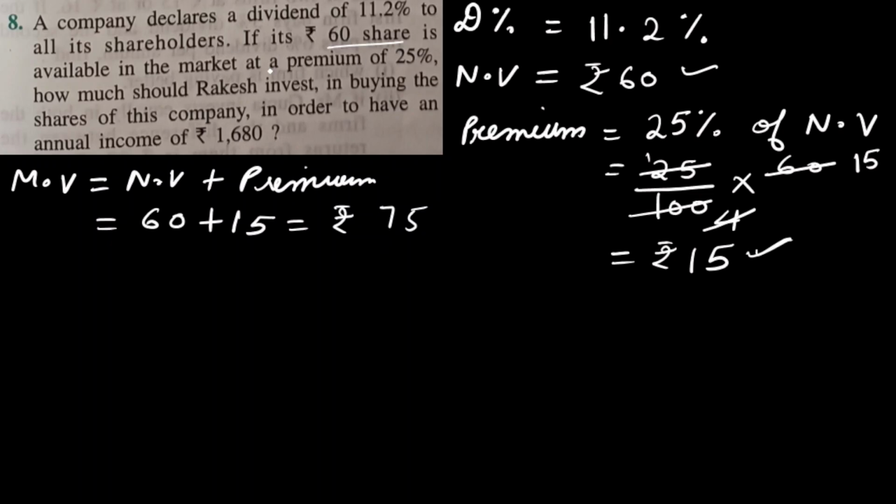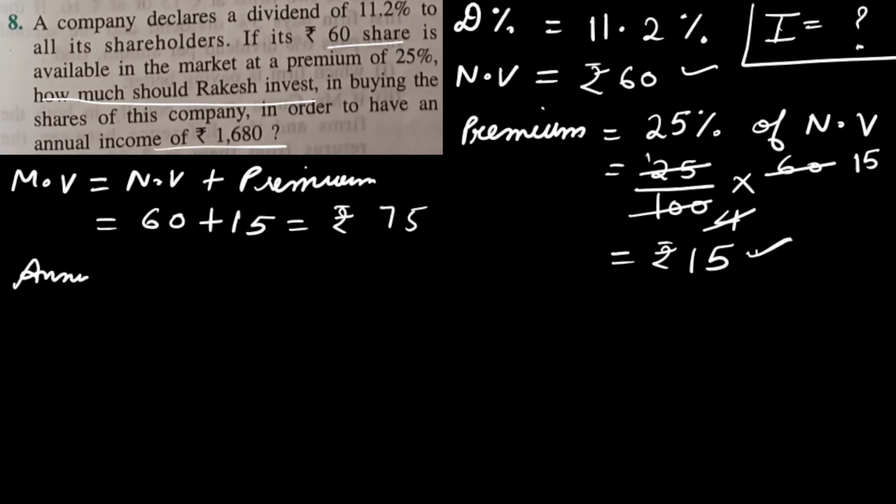Now let's read the other part of the question. If the rupees 60 share is available in the market at a premium of 25%, how much should Rakesh invest in buying the shares of this company in order to have an annual income of 1680?